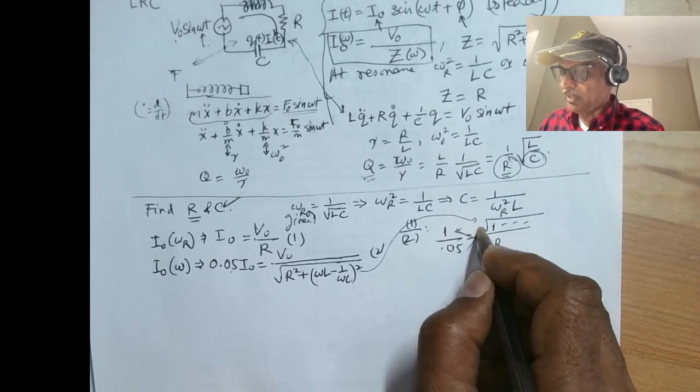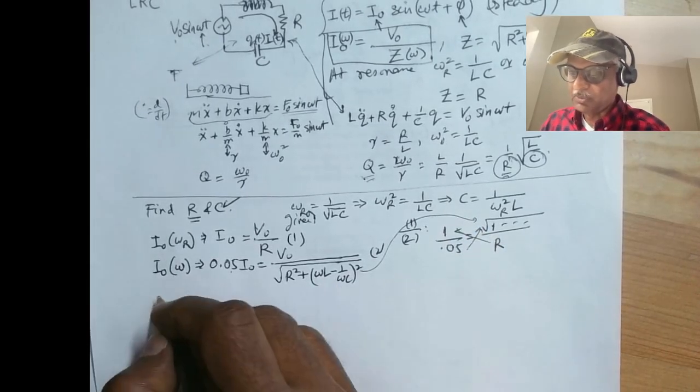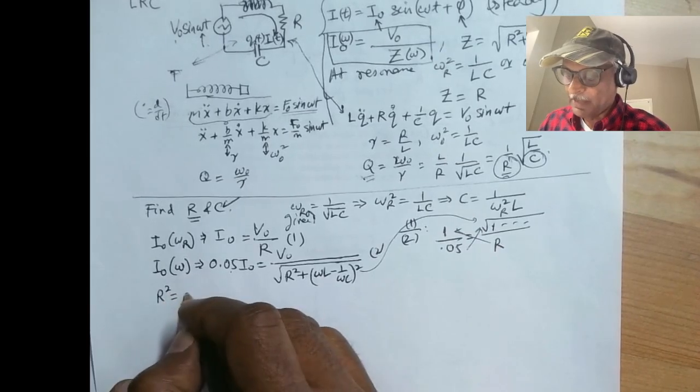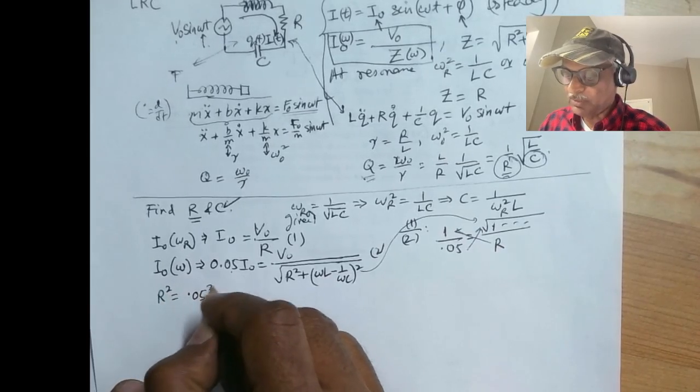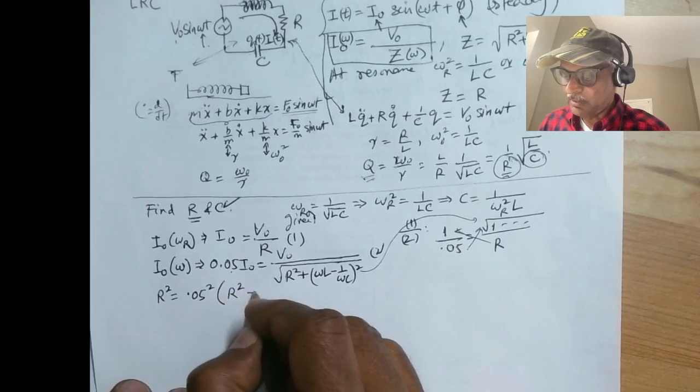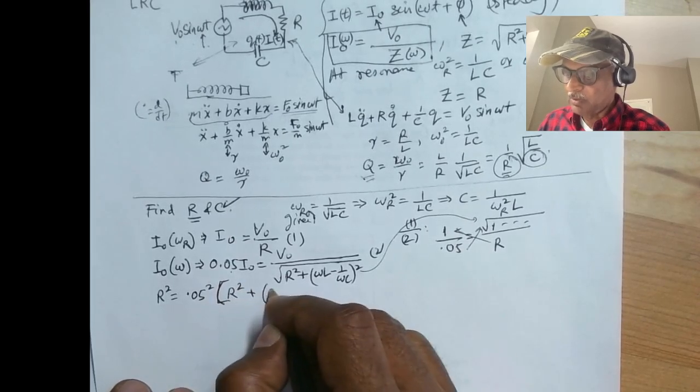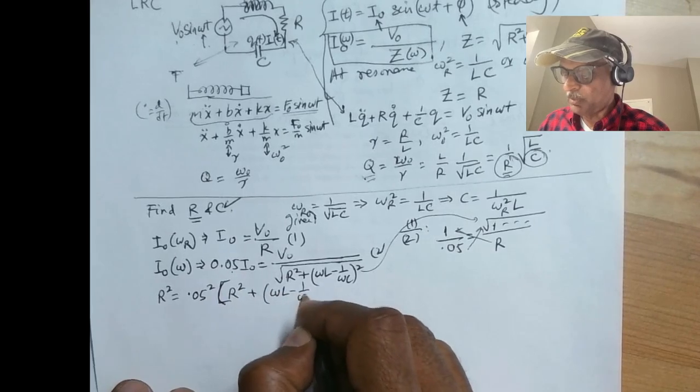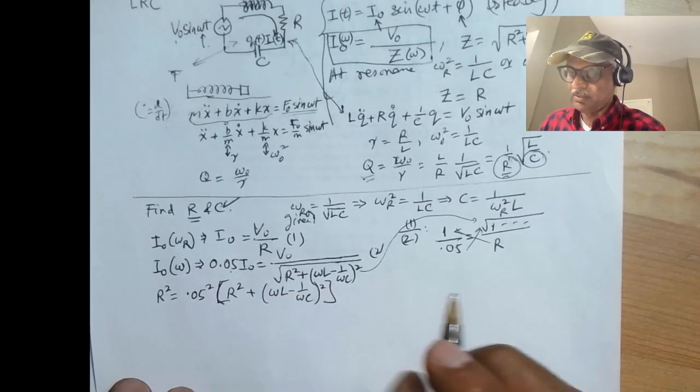R goes this way or that way, so we get R square equals 0.05 square times R square plus omega L minus 1 over omega C square.